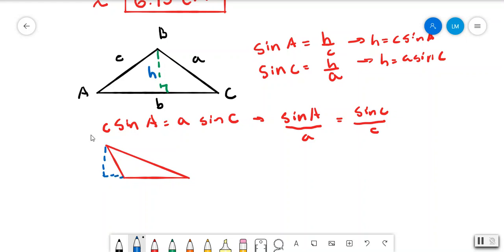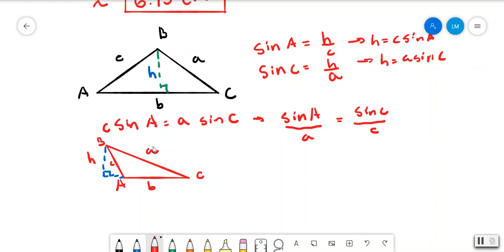In this case, you can do the same proof, where these sides can be respectively b, b, and then this would be c, and c, and then this would be angle A, so that means that this is side a. So you can still derive the remaining relationships between the two.